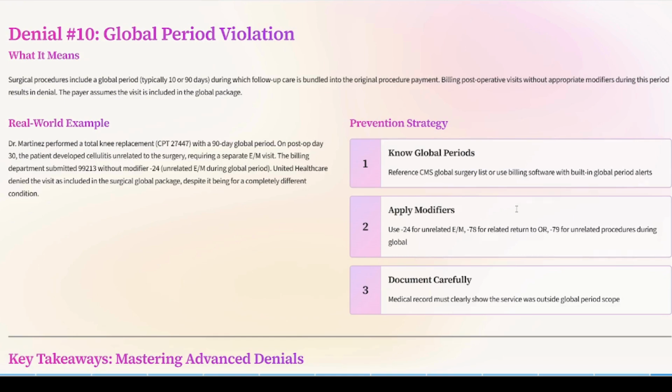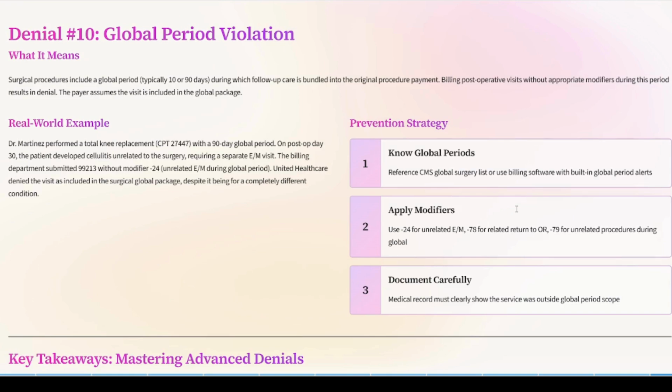All right, so let's break that down. Dr. Martinez performs a total knee replacement, a 27447, with a 90-day global period. Okay, on post-op day 30, the patient develops cellulitis, which is unrelated to the surgery, requiring an E&M visit. Okay, he went to the clinic to see about this cellulitis.